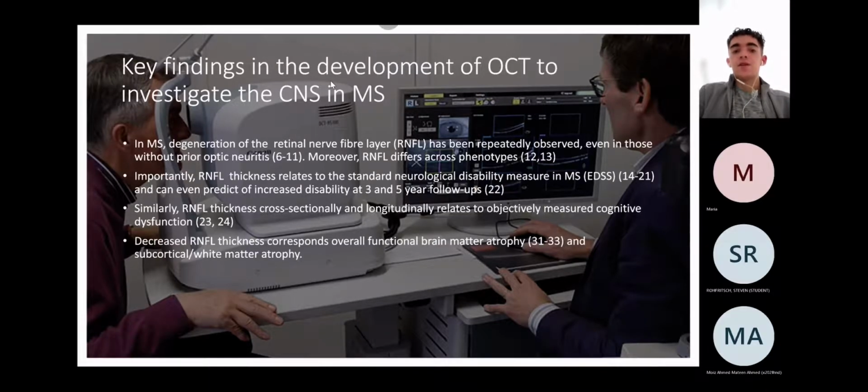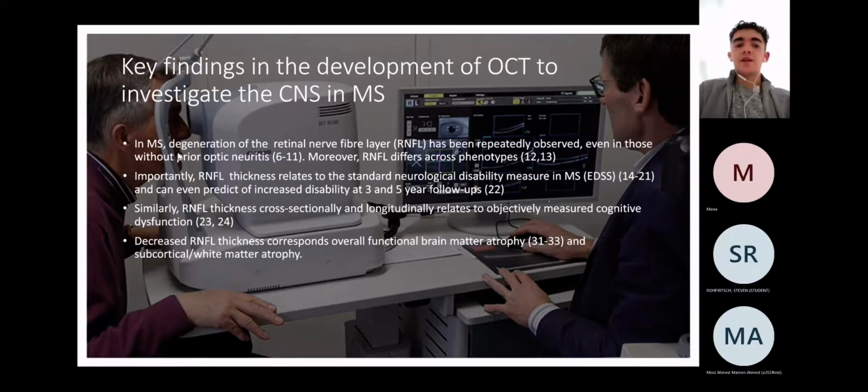And similarly, the thickness cross-sectionally and longitudinally relates to objectively measured cognitive dysfunction, right? Cross-sectionally would mean it's relating to it at the same time point, and longitudinally means you can predict changes in objective cognitive performance across time, right? And decreased RNFL thickness corresponds to overall brain matter atrophy, right?